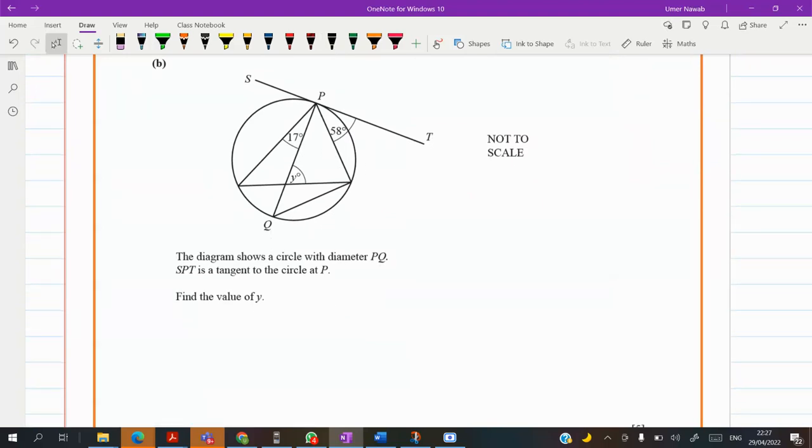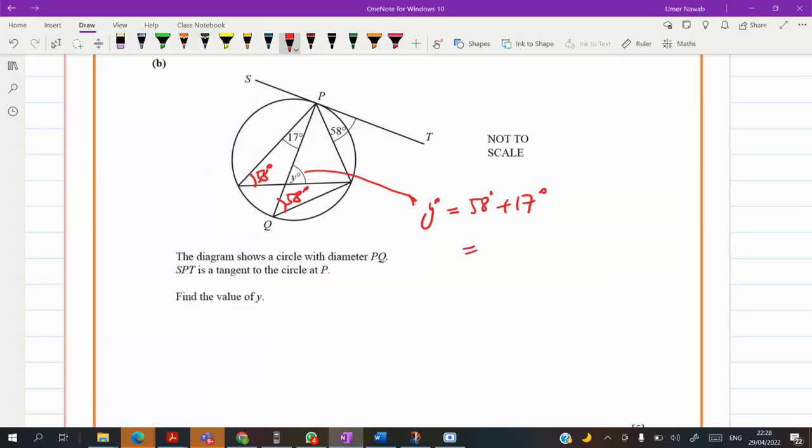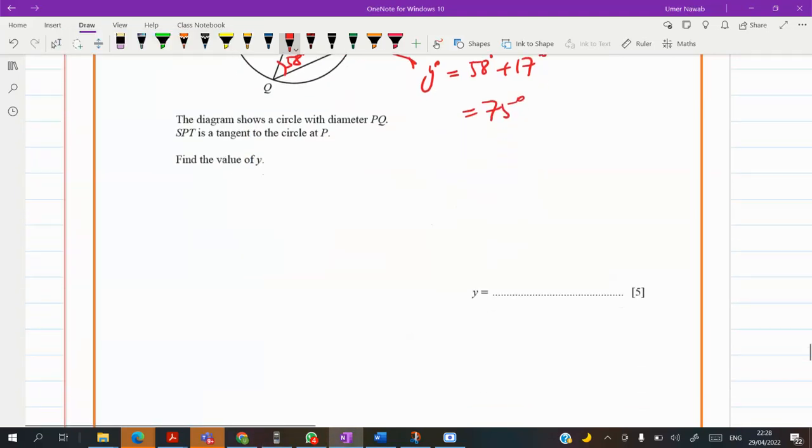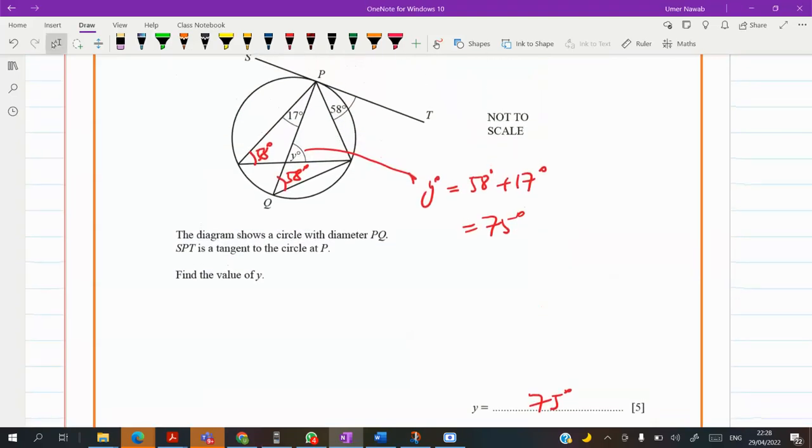Angle y we want to find, tangent and the chord is given, so I'm going to write this as 58 tangent segment, and this is also 58 tangent segment, and then y will be equal to the sum of the two interior angles, 58 plus 17. So 58 plus 17 gives us 75. Oh wow, why has he given 5 marks? It's quite interesting, boys.